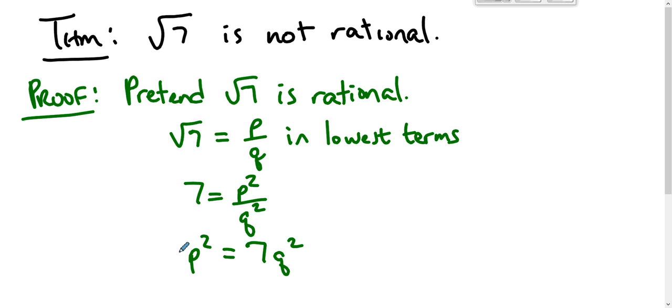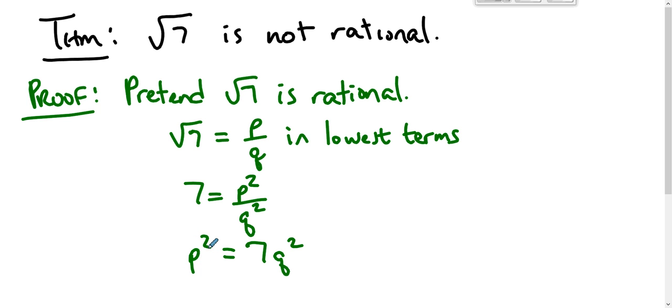When we write out the prime factorization of p squared, there's a 7 somewhere in it, because these two numbers are the same. This number is the same as this number, and this number has a 7 as one of its prime factors. So if this number has a 7 as one of its prime factors, then this number has a 7 as one of its prime factors.